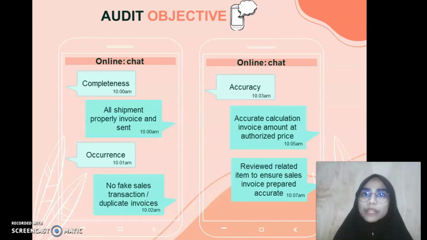We review the system reference, the date when the company shipped the goods, and the date when the customer received the goods. We compare the sales order with the bill of lading, and we look at the prior issuance of the sales invoice. All of these related items we review so that we can make sure that the sales invoices are prepared accurately.